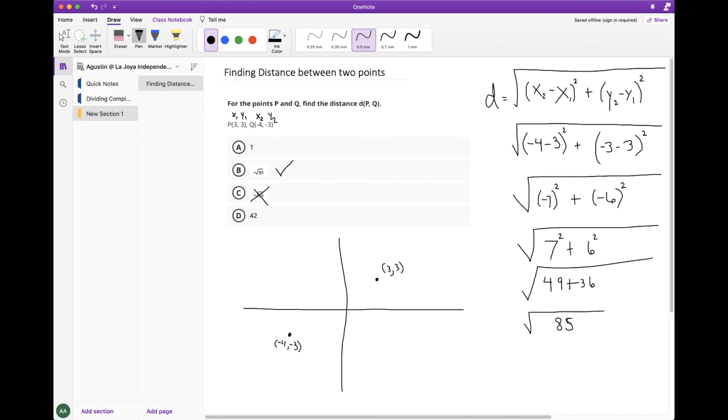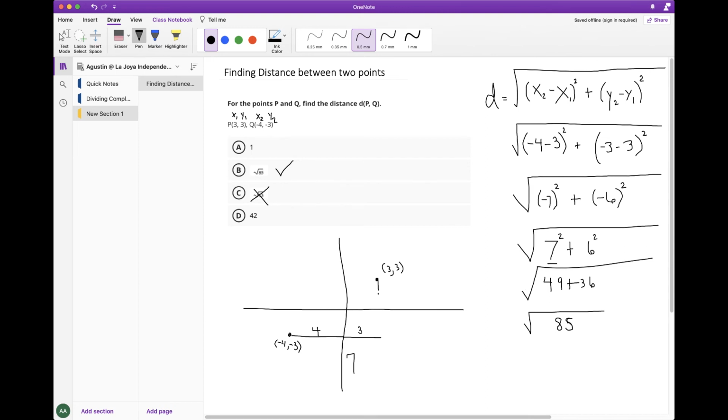So we're going to use our run and our rise. How far is the run? Well, since this is negative 4, that means 4 units this way. This part right here is 4 units. Then it's 3 more, right? That gives me a total of 7. So that's where that 7 comes from.